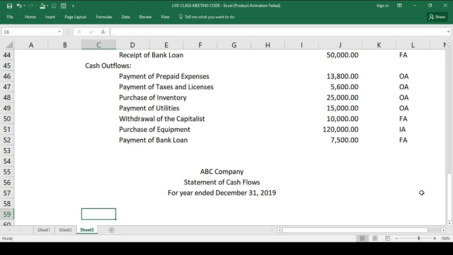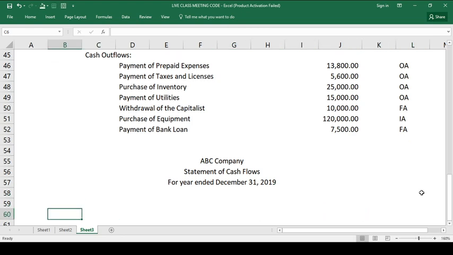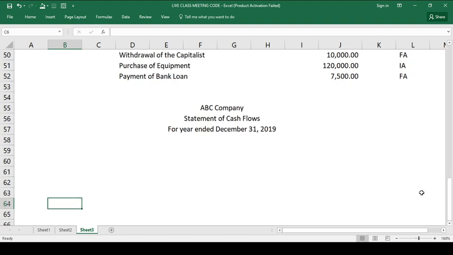Sir, how do we now make the report? Second, we will now classify. Actually, we classified it already. All you need to do is begin with operating activities. From the operating activities, let us get all the cash inflows related to the operation.